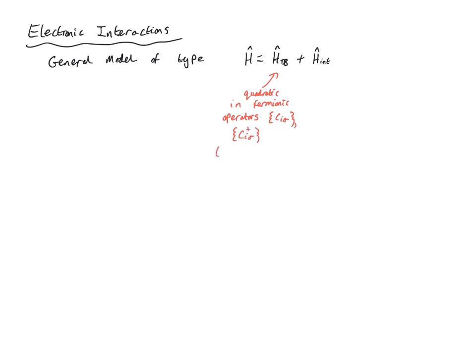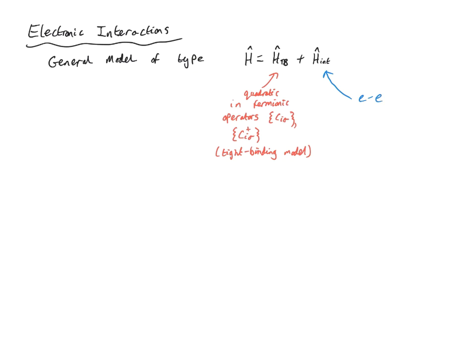And this is basically a tight-binding model with spin included. And to this tight-binding model, we now add an extra piece for the interaction.